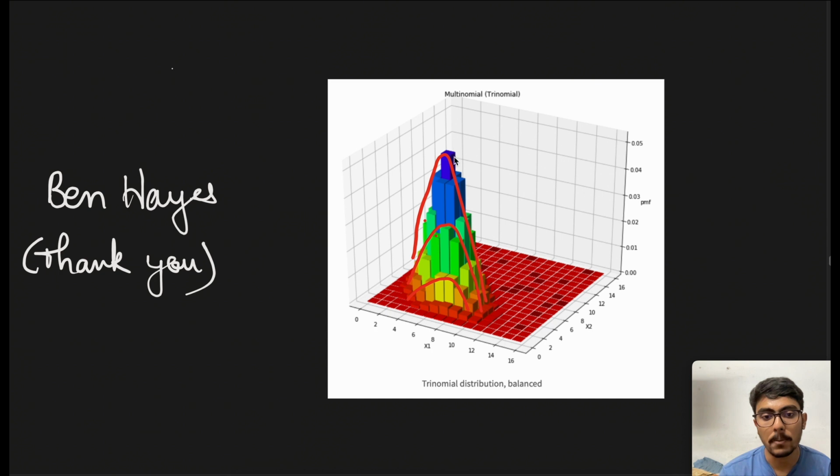Again, on the back side there are different polynomials. So this is a trinomial distribution, you can say. It is balanced. If you want to study more, then surely you can check it out, and this is all we need to understand in order to start using the Bayes classifier for our pattern classification.